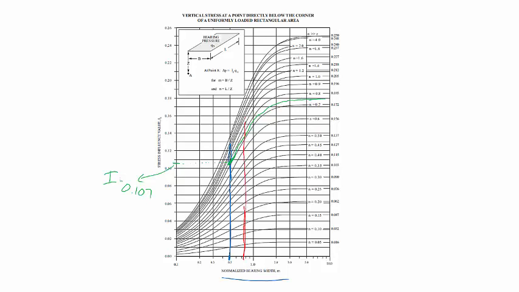And N was 1. So we are looking at a value that just looks like in between 0.15 and 0.16. So we'll call this 0.155.